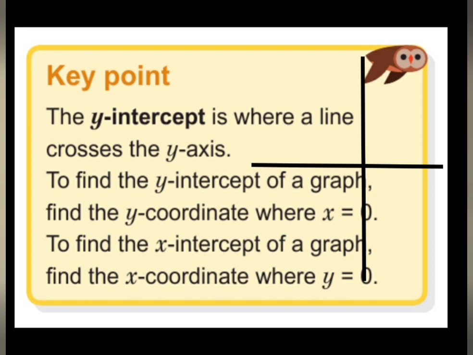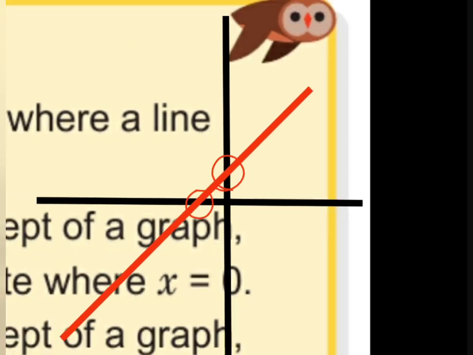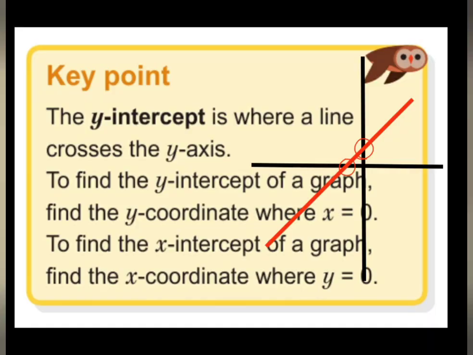So if I have a line that crosses like this, it crosses the x-axis here. We call this the x-intercept. And it crosses the y-axis here, and we call it the y-intercept. So the idea of the y-intercept is the point where the line crosses the y-axis, and the x-intercept is where the line crosses the x-axis.